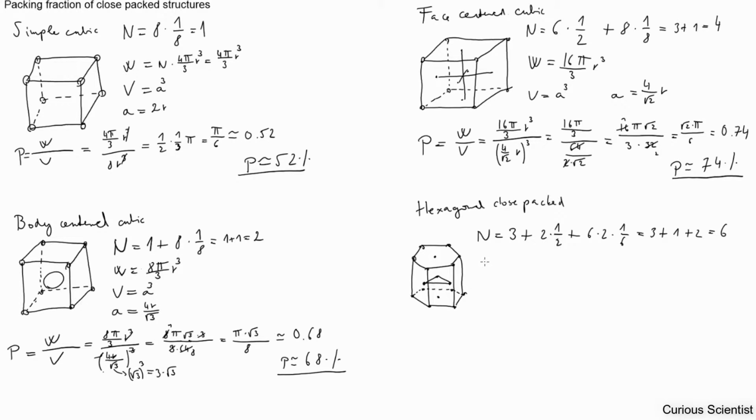And then we just use this 6 in our usual formula. So this will be 24 pi divided by 3 r squared, just to make it simple. And then the volume is a bit more complicated because this is not a cube.